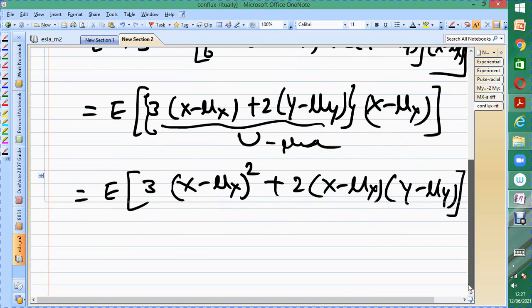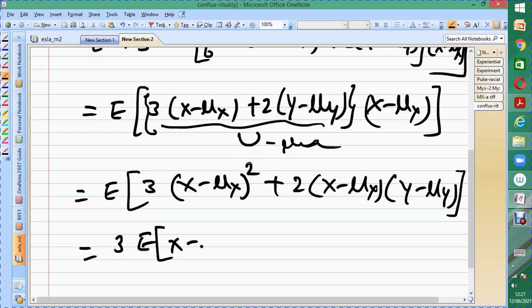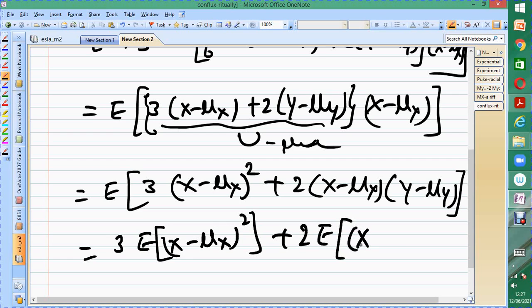Now by applying the linearity property of the expectation operator, we can write 3 into expectation of x minus mu x whole square plus 2 into expectation of x minus mu x into y minus mu y.